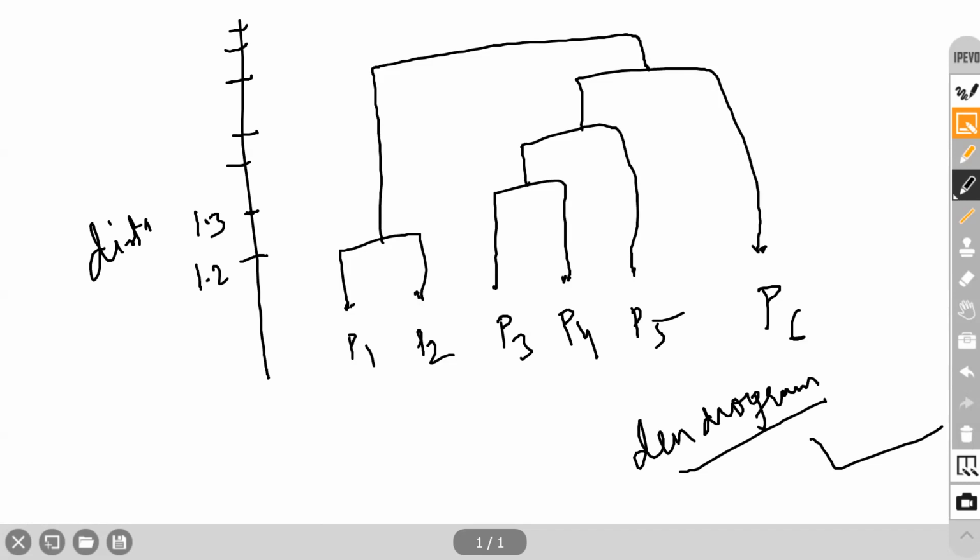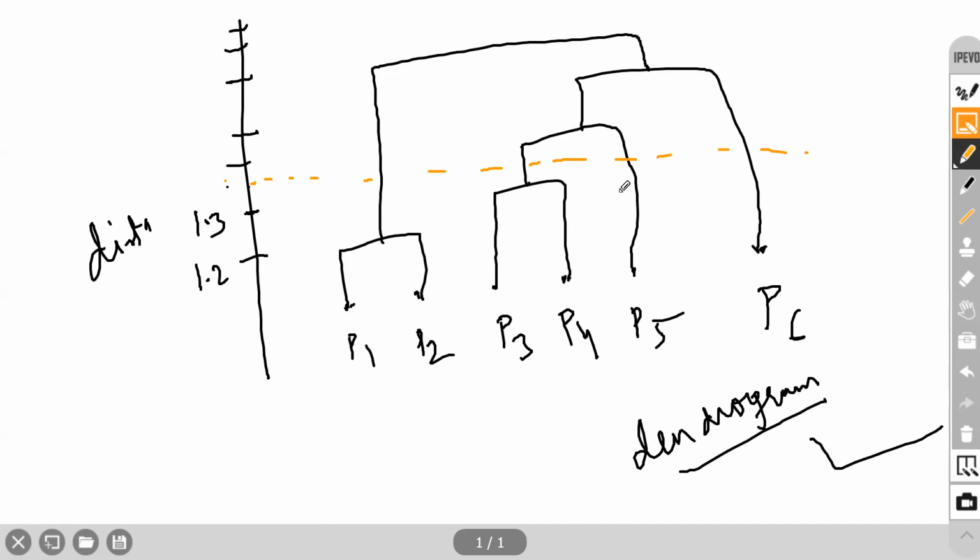Not based on your gut feeling or random choice are you selecting the clusters. Now you can consciously, based on requirement, think about how many clusters you want. Suppose I want to cut from this place.